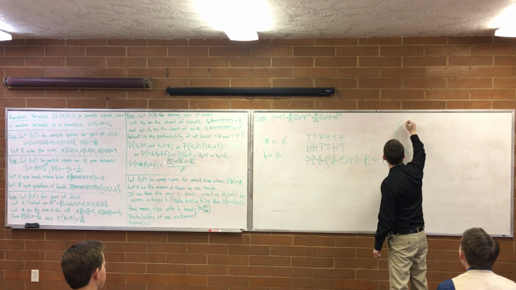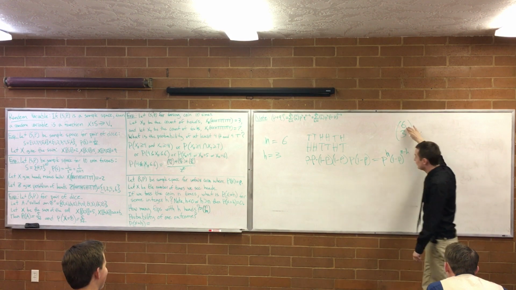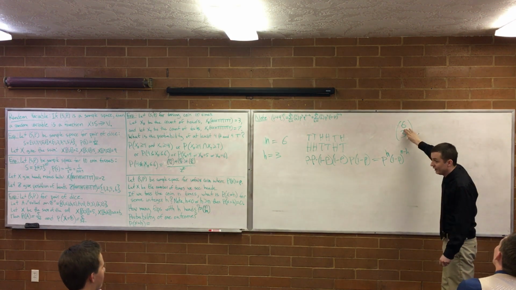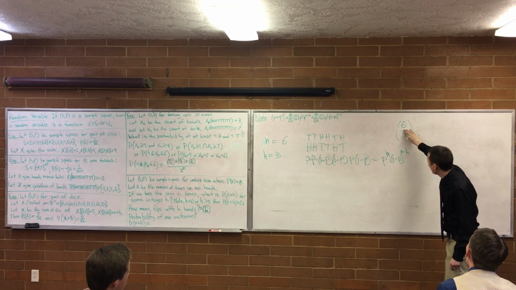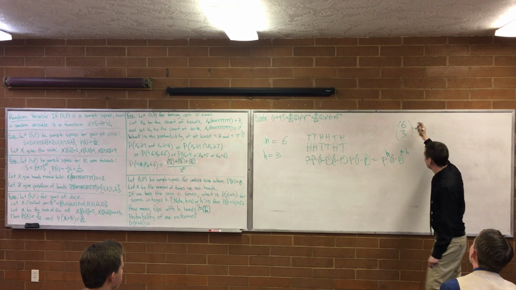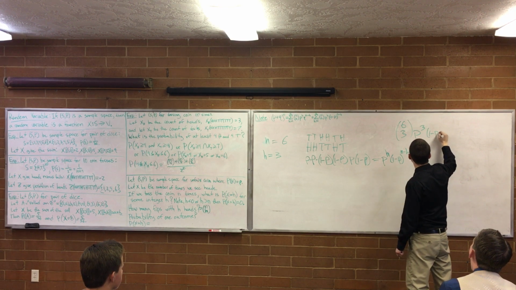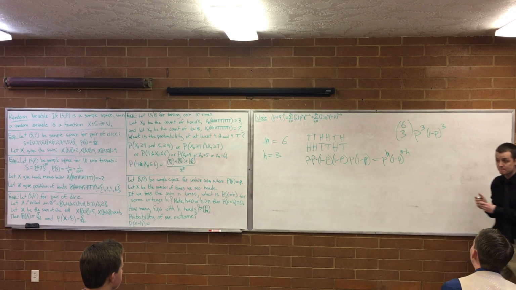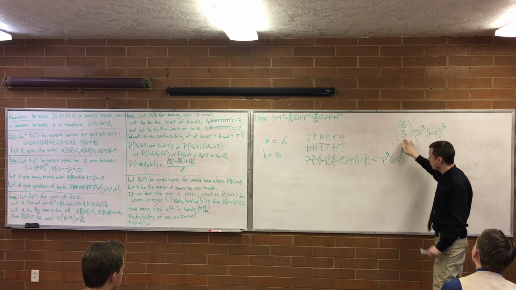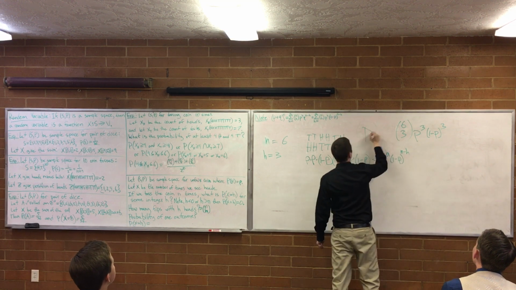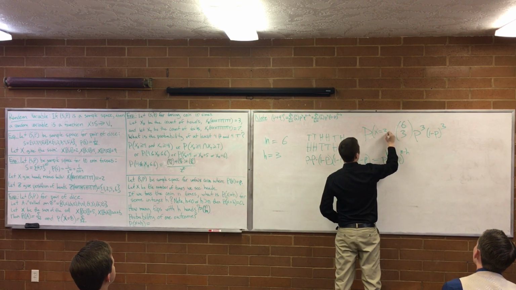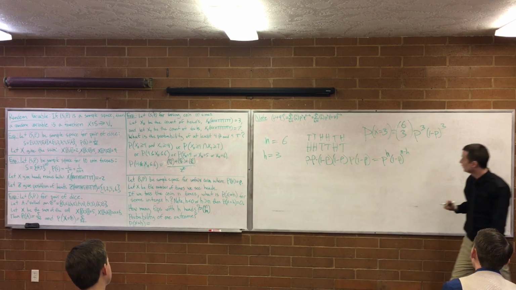So this is how many ways I can have exactly 3 heads. And the probability of each of those is P to the 3, 1 minus P to the 3. So this is the probability that x is equal to 3, right?